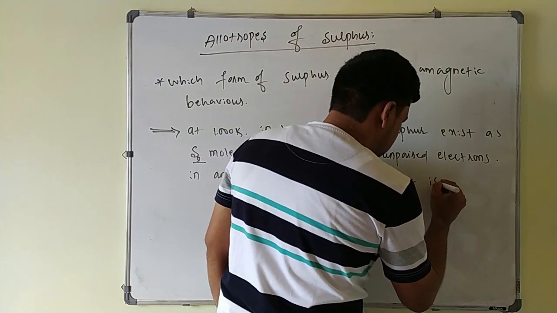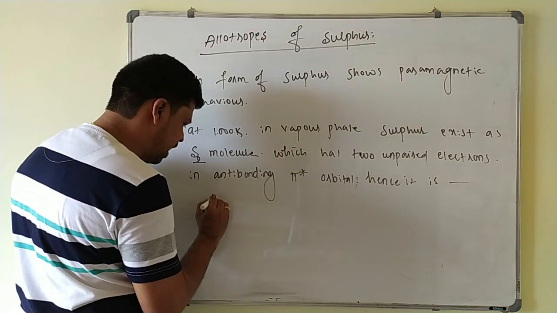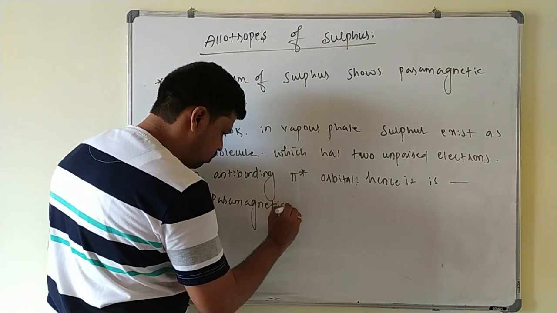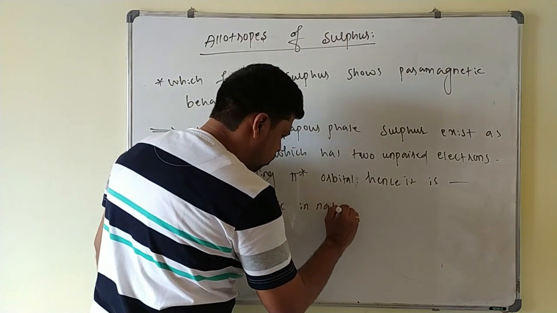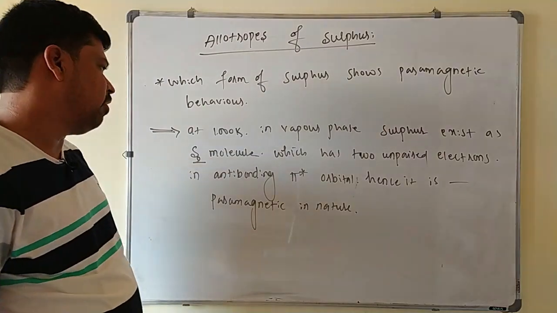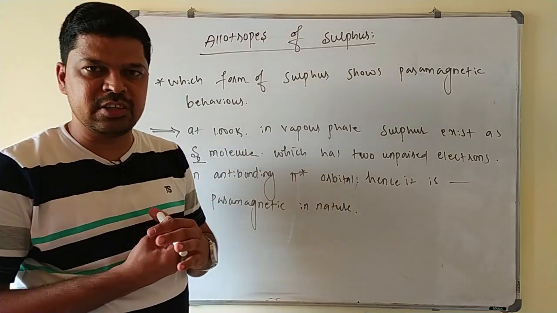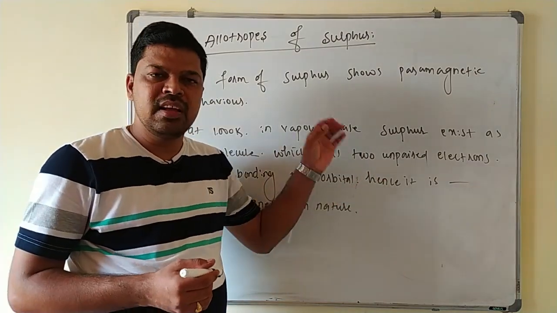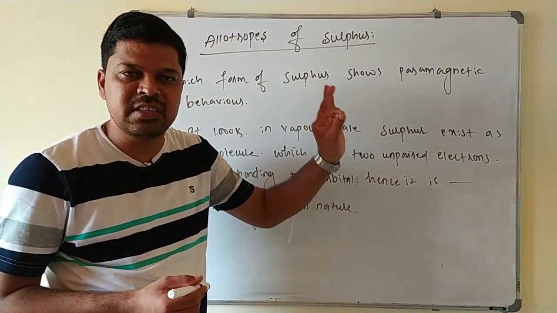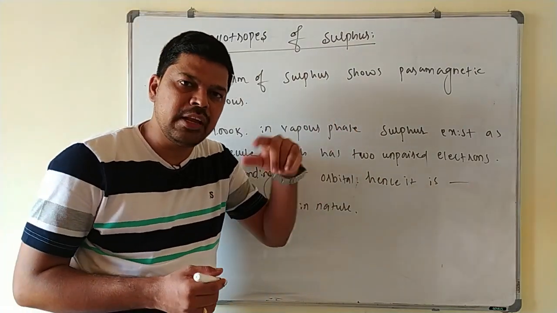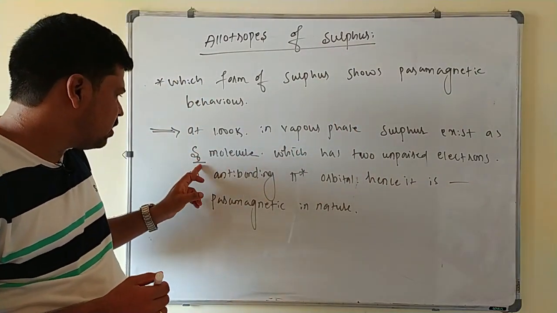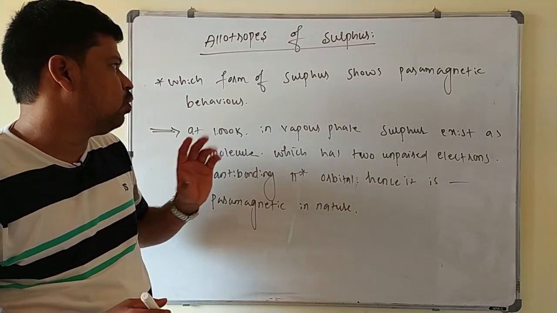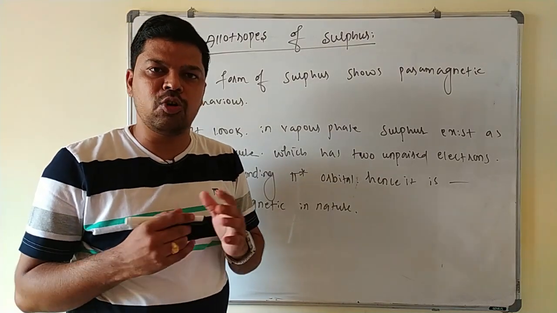Hence it is paramagnetic in nature. So this is the point you have to write. At 1000 Kelvin sulfur exists as an S2 molecule, which is having 2 unpaired electrons in the antibonding π-star orbital. This is similar to that of the oxygen molecule, which is having 2 unpaired electrons in the π-star antibonding orbital. Similarly here S2 also has 2 unpaired electrons, hence it has paramagnetic behavior. This is the concept about the allotropes of sulfur.